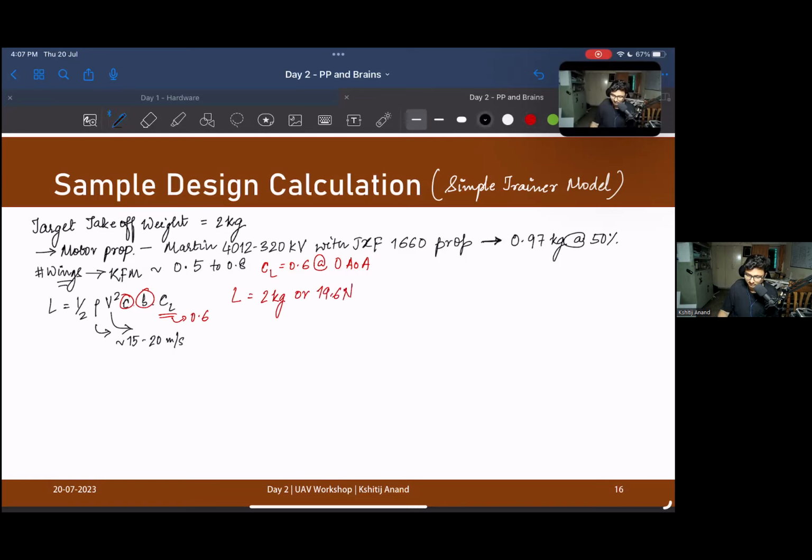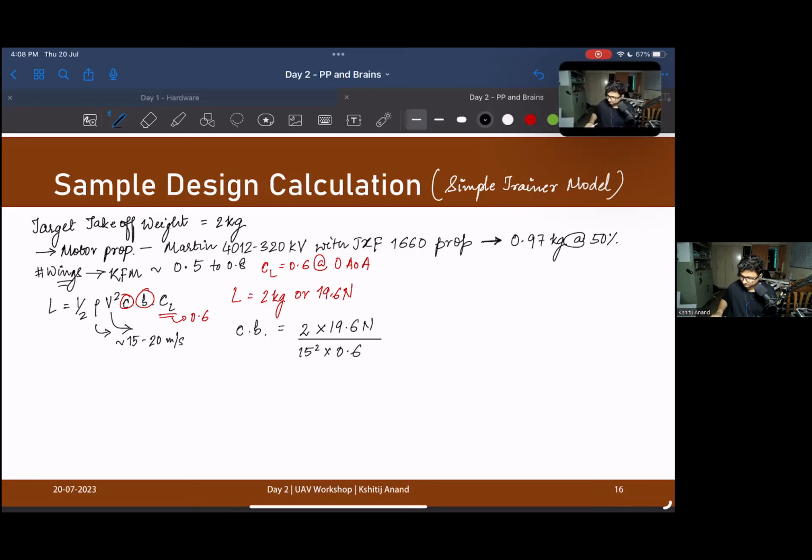From that calculation, you will see that your C times B comes out to be 2 into 19.6 newtons divided by 15 square into, why am I taking 15 square? I obviously want that at low speed my aircraft still should be able to fly, into CL is 0.6.